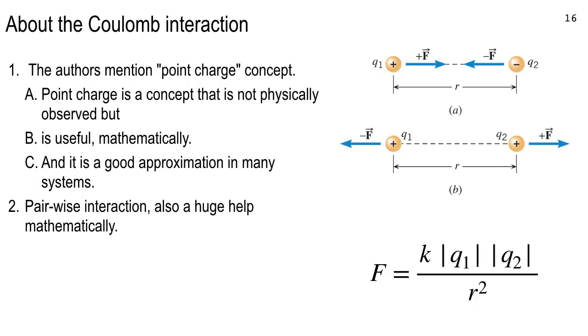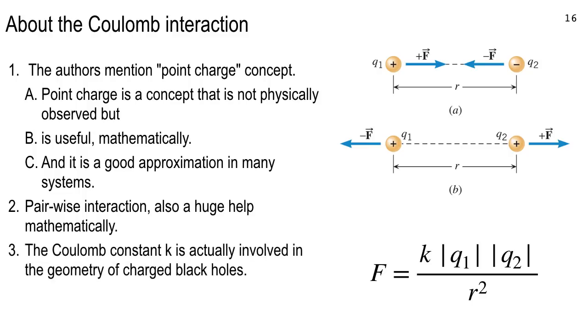Then you analyze this pair up here and figure out the net force on this guy. And then you just add them up, just like in Newton's second law. We're going to do that in just a few minutes. The Coulomb constant, as I mentioned, started out its life just like Newton's gravitational constant, capital G.